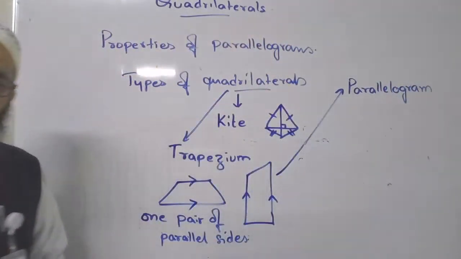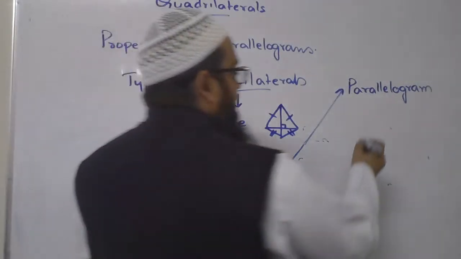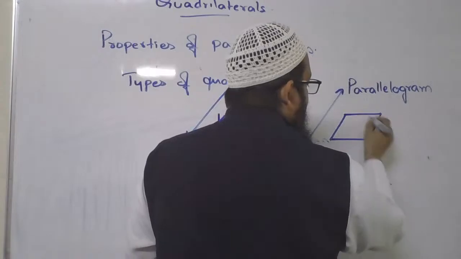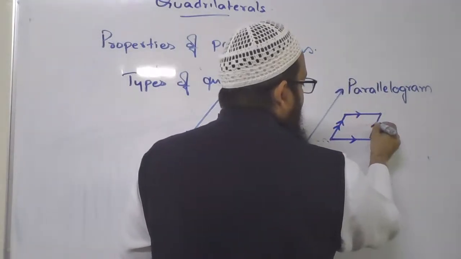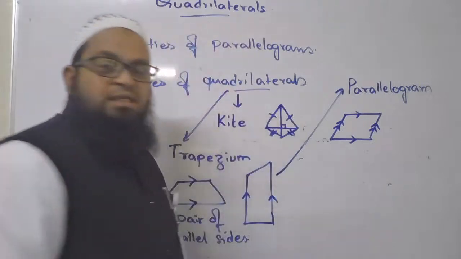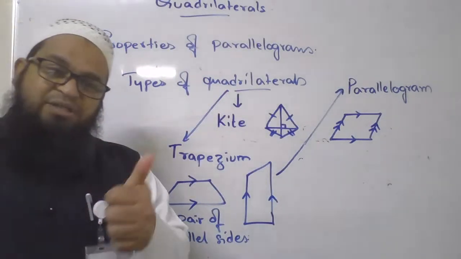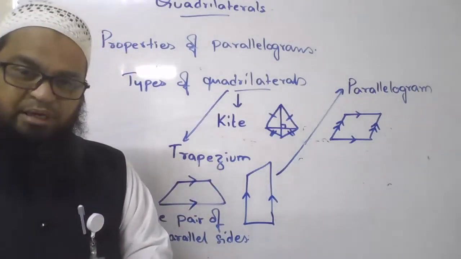So what is parallelogram? As the name suggests, it is a quadrilateral with two pairs of parallel sides. This is called a parallelogram. Properties of parallelogram I will discuss later after 5 to 10 minutes.